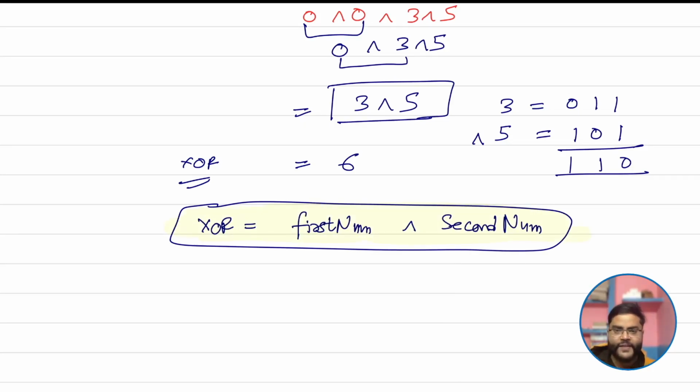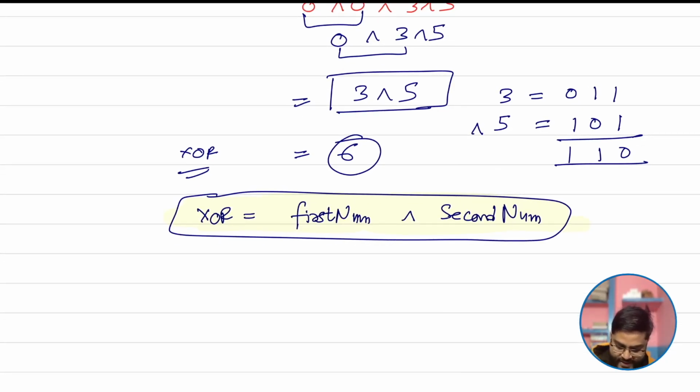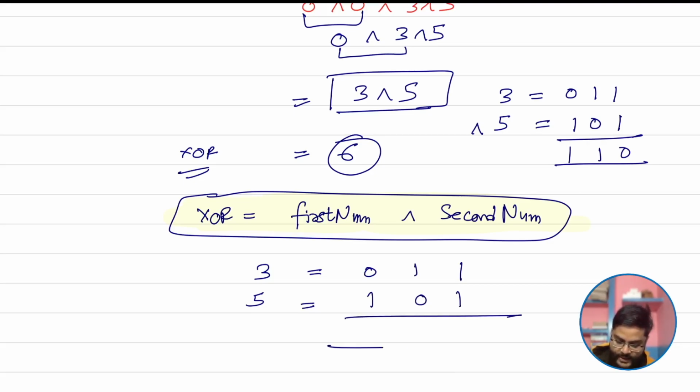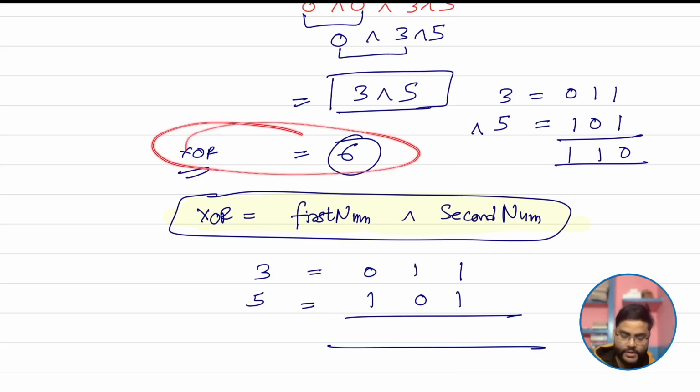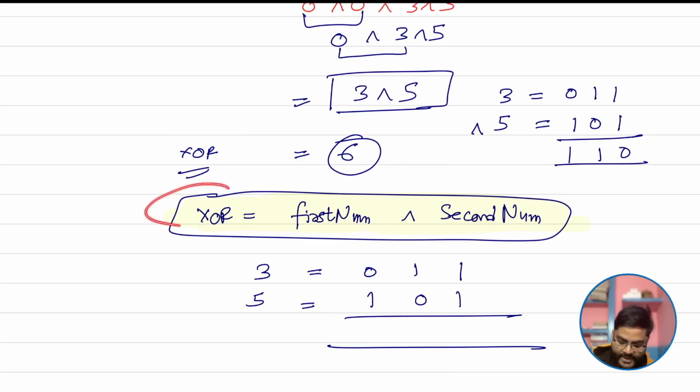Now, what were these two numbers? 3 and 5. The binary representation can be written as 0 1 1 and 1 0 1. Now, how to differentiate these two? We need to find these two non-repeating numbers, but we got our XOR, so we can use this property somewhere.